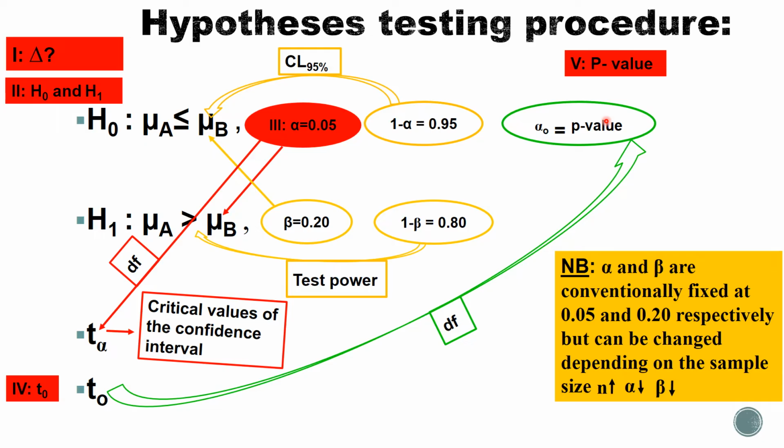So when we compare our observed model to the theoretical model, this is also our observed alpha.